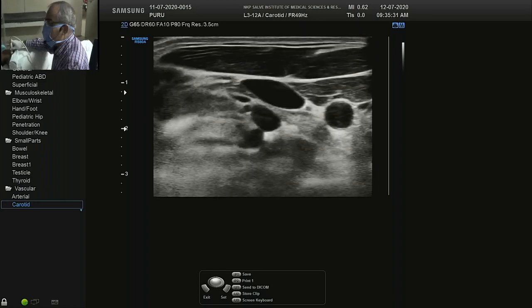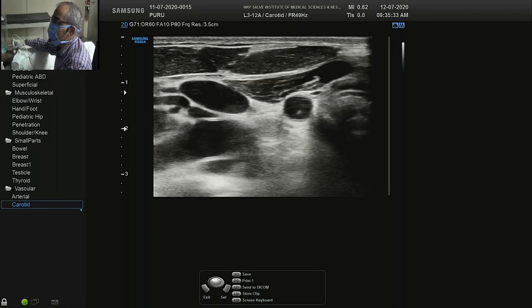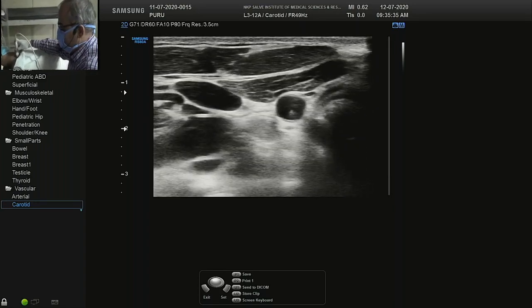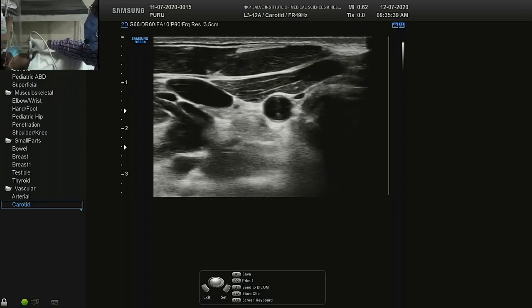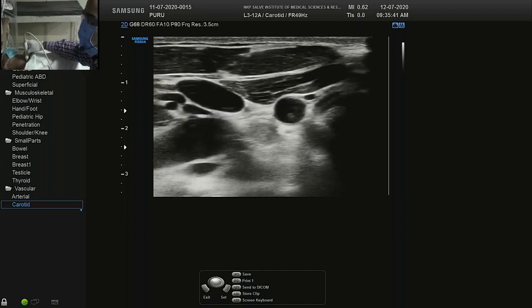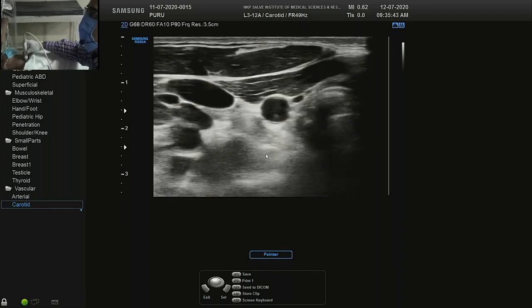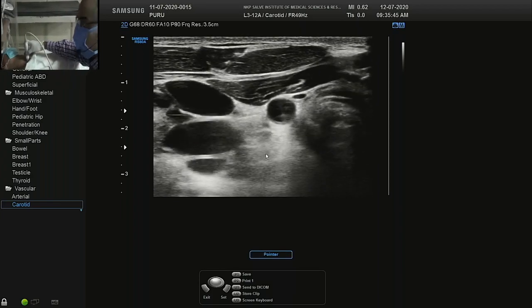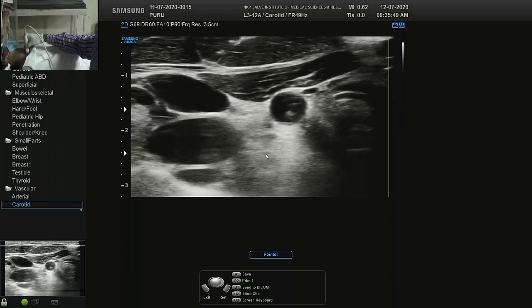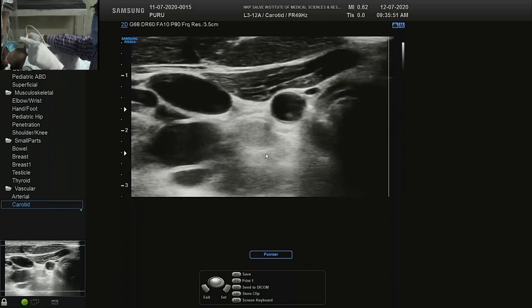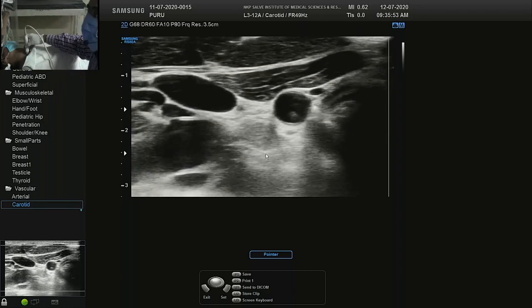So we start from the supraclavicular region. We identify the vessels. Focus, a little bit of adjustment. Just check whether in the transmission it is seen nicely, or I will magnify the image.